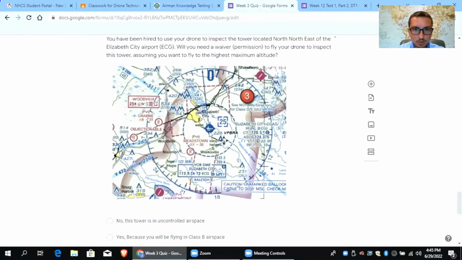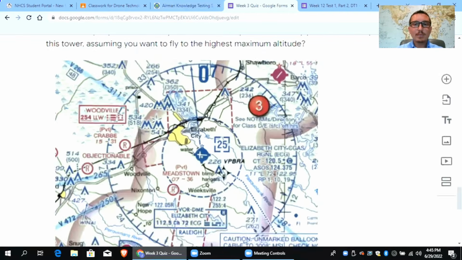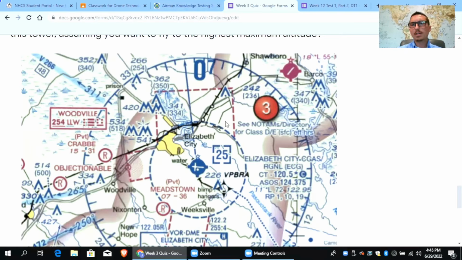So let's look at this. So there's the airport and you want the tower northeast. So I'm talking about this tower right here. On the test, they'll sometimes give you a measurement like 4 statute miles. In another video, I showed you how to find that scale on there and measure that out. This video, I'm not going to do that. I don't have the scale on here, but it's the only tower northeast of the airport, right?